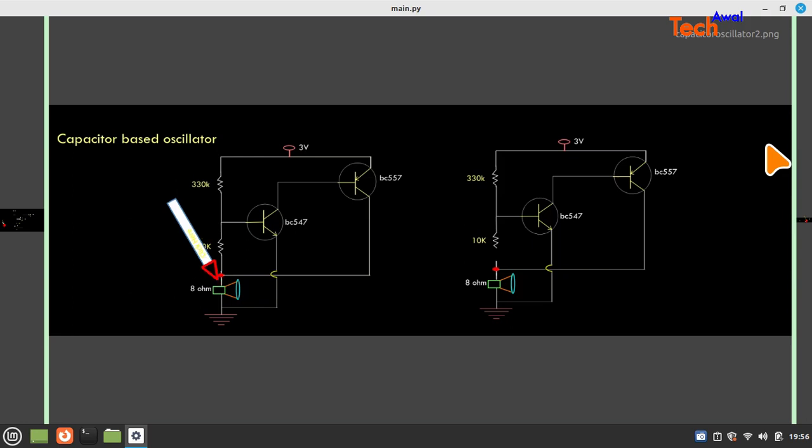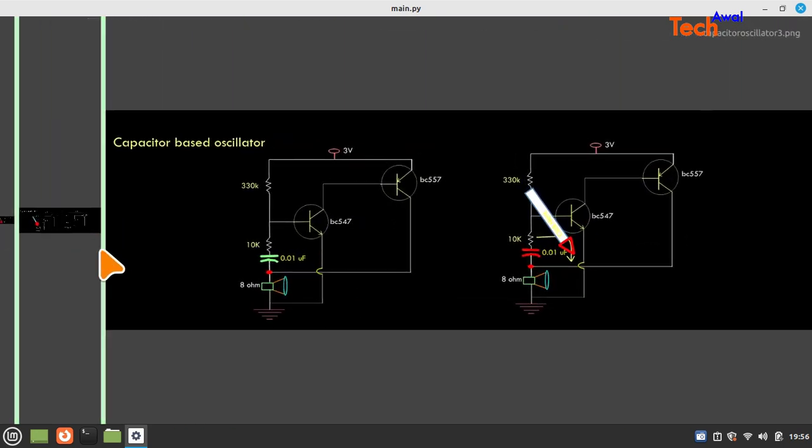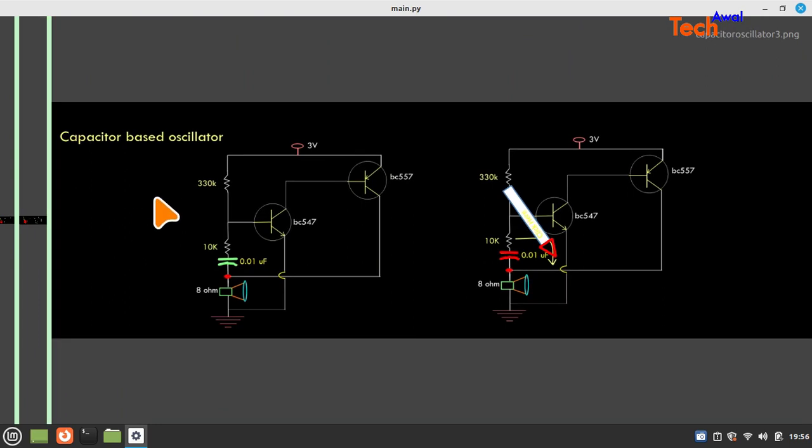Okay, and once it is being charged, after some time it will become fully charged and it will make it an open circuit, and then again there is no current.